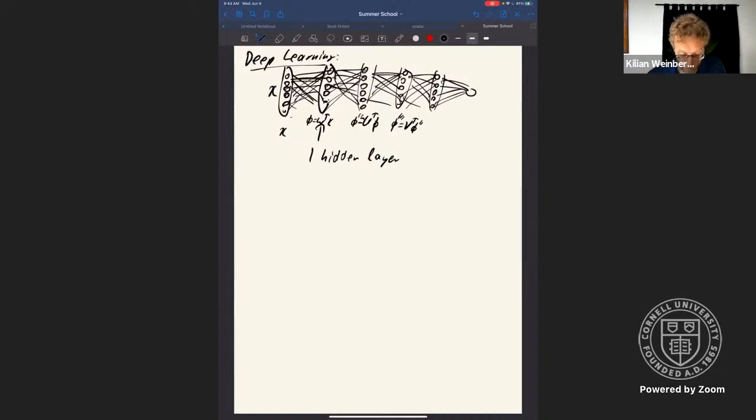You just have a bunch of matrix transformations, and you always apply some nonlinear transition function around it, some sigmoid. And this is all there is to it.